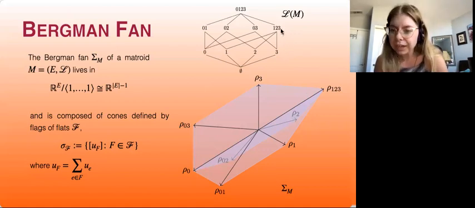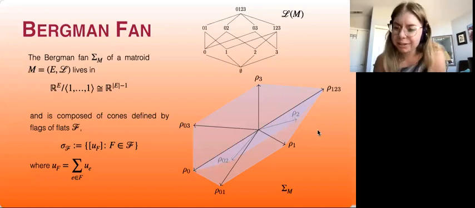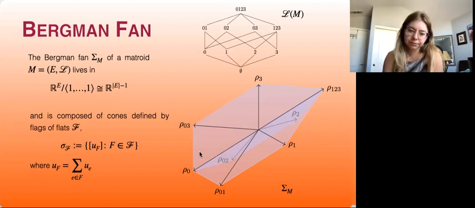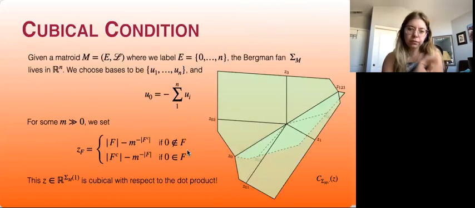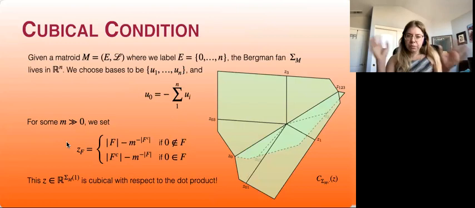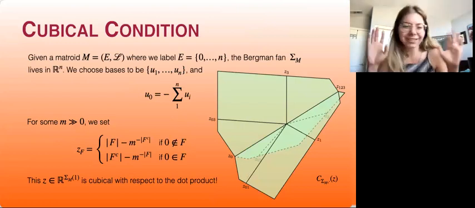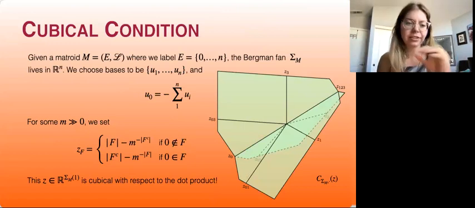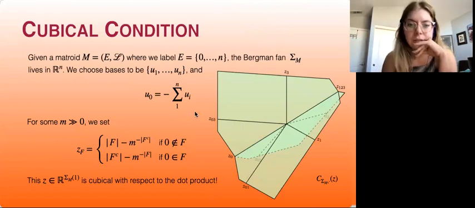Same with 1, 2, 3. It's contained in 3 different flags, and here it is contained in 3 different cones. And something like 1 is contained in 2 flags, and here it is in just 2 cones. So matroids have a lot of nice structure. Bergman fans are great. Let's use all of that to define a cubical Z.